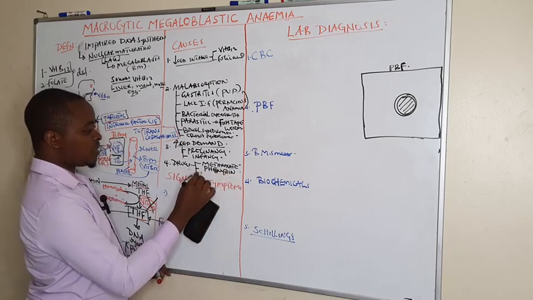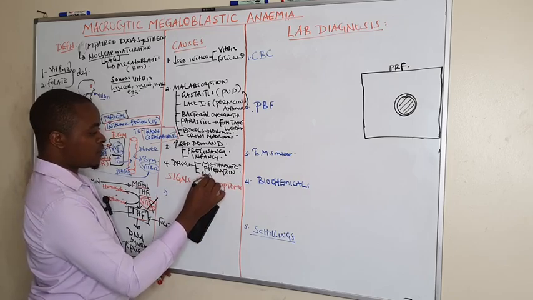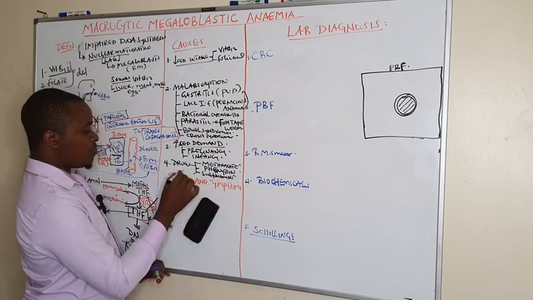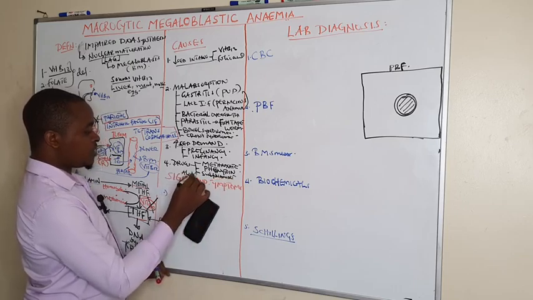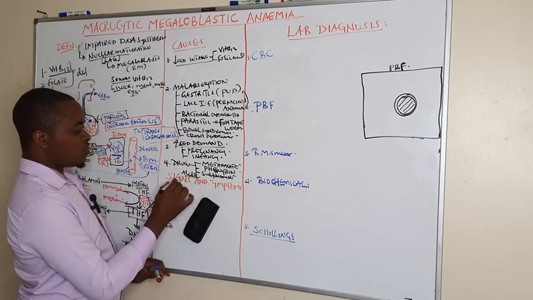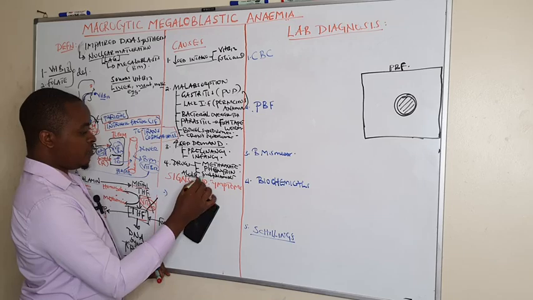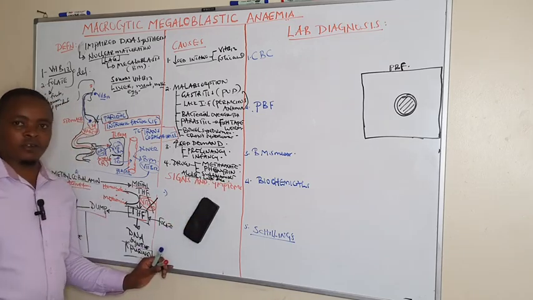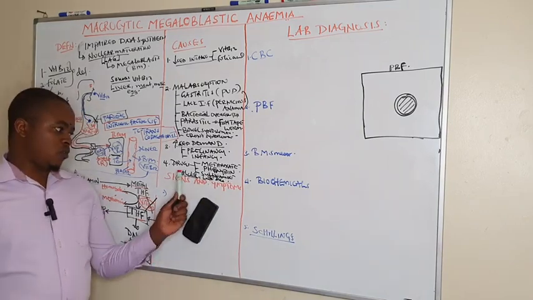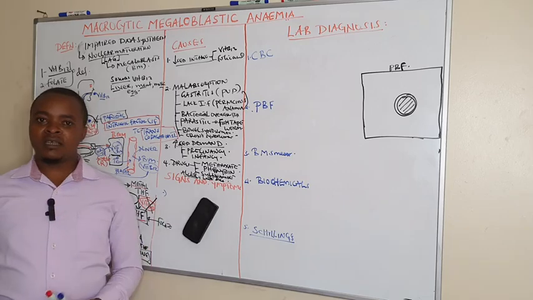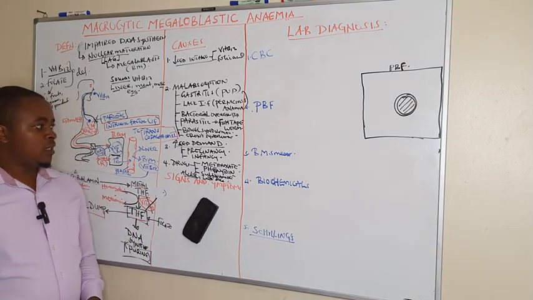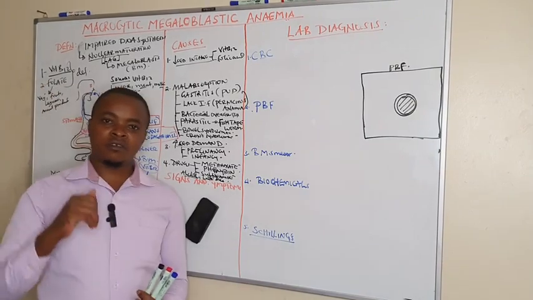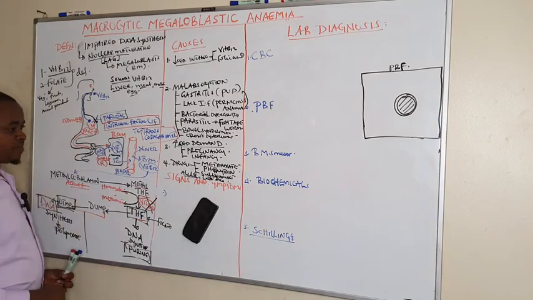You can see some drugs like sulfonamides doing this, and even alcohol. For the sake of folic acid, chronic alcoholism and liver disease can also be part of the cause. That is for folic acid deficiency. So these are the causes of either vitamin B12 deficiency or folate deficiency.